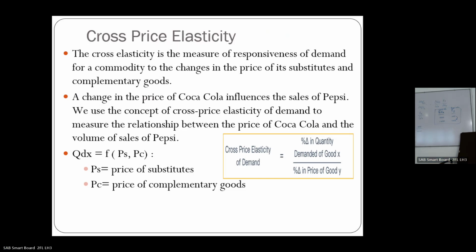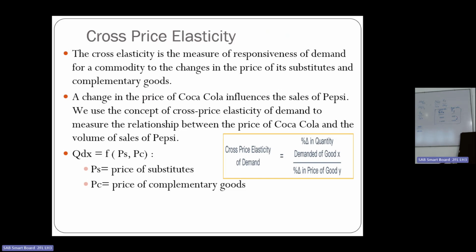You can calculate the cross price elasticity of that. How much? 0.8, right?